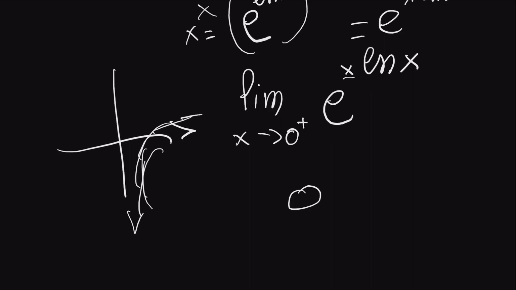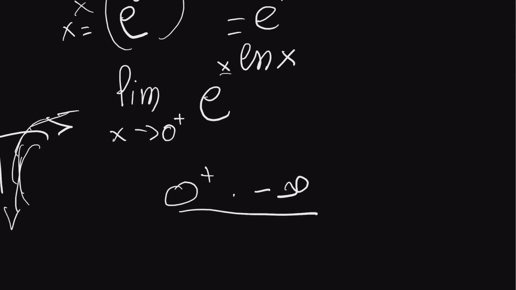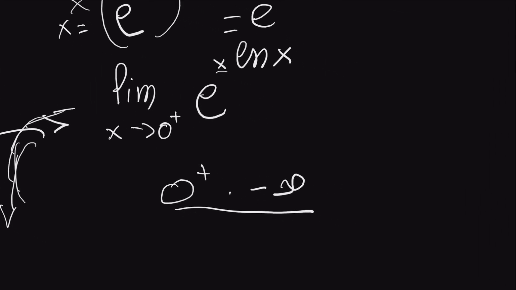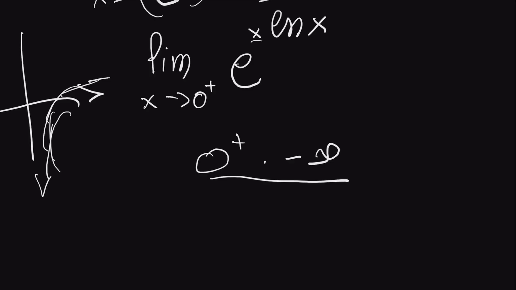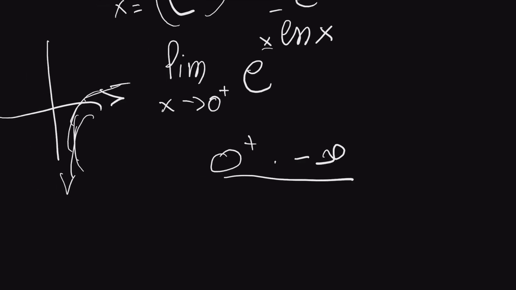So you end up with 0 times negative infinity, which is also an indeterminate form. So now we have two different indeterminate forms, so we need to go further.